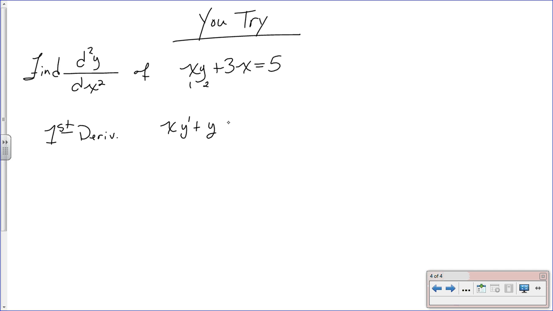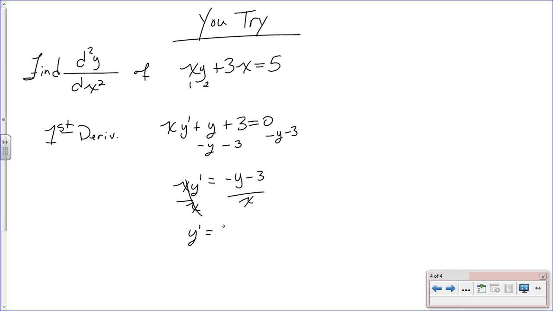And then plus the derivative of 3x, which is 3, equals 0. We have to solve for y prime, so subtract the y and subtract the 3 from both sides. So x y prime equals negative y minus 3. Divide off x. So y prime equals negative y minus 3 over x. All right, so there's our first derivative.